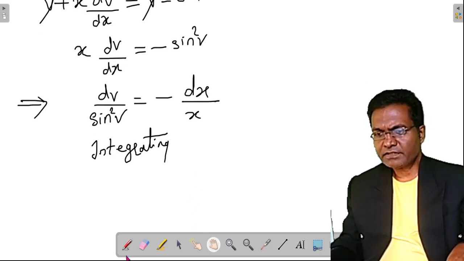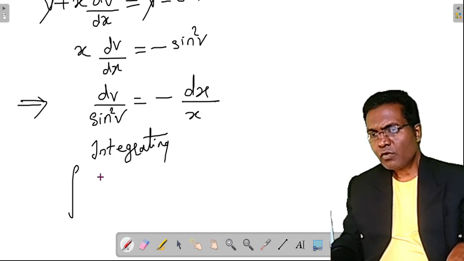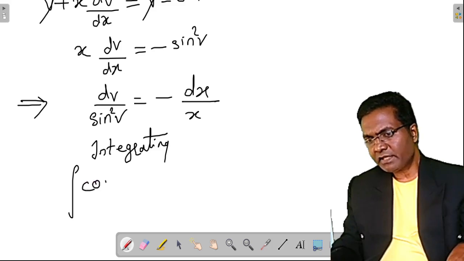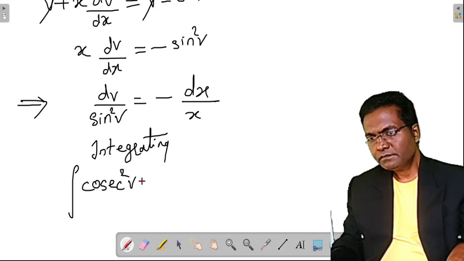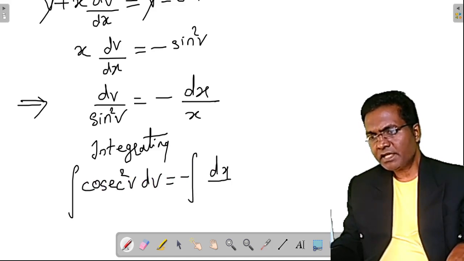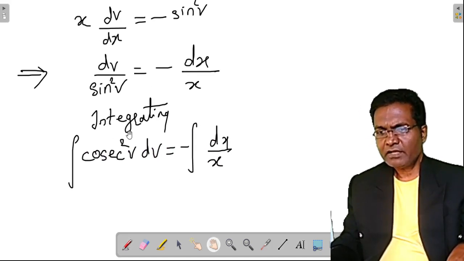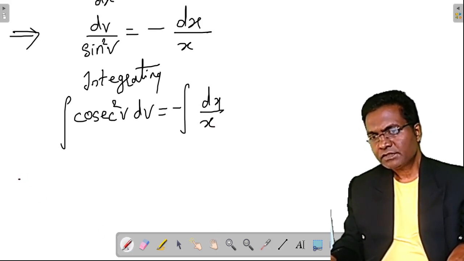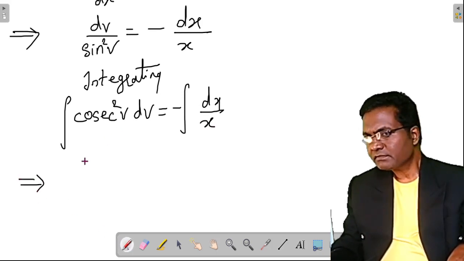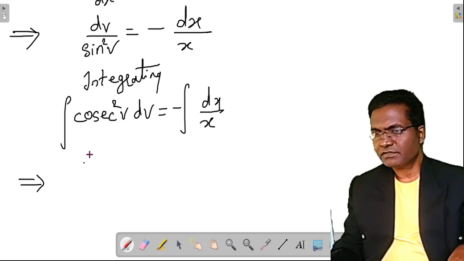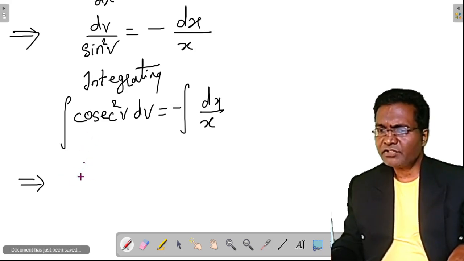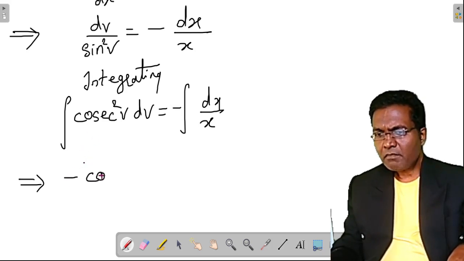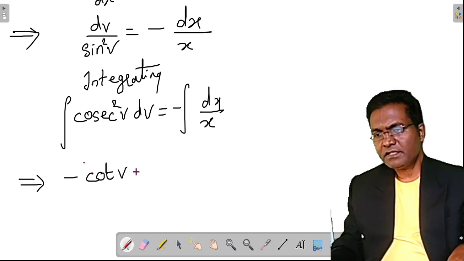Okay, integrate, very simple, integrating on both sides. 1 by sine square I can write as cosec square, minus integration dx by x. As you know cosec square is the derivative of minus cot. So I can write integration of cosec square is minus cot v.